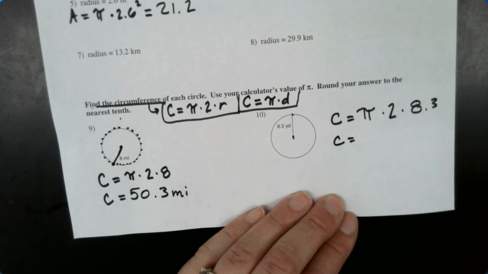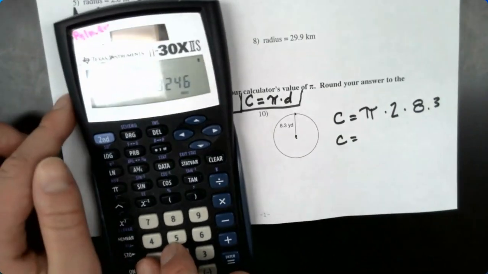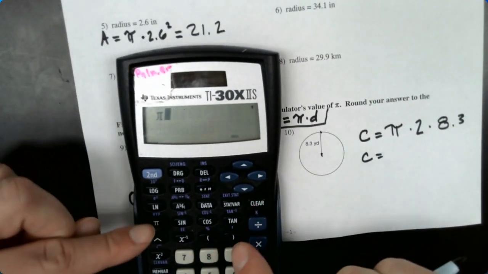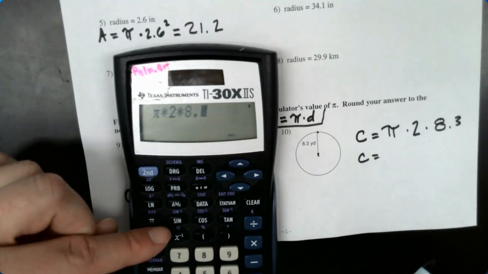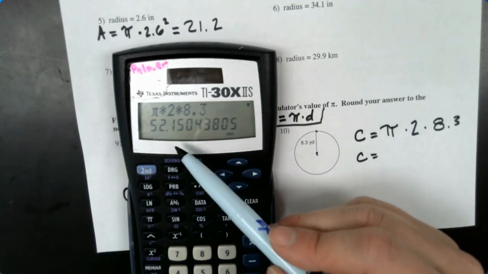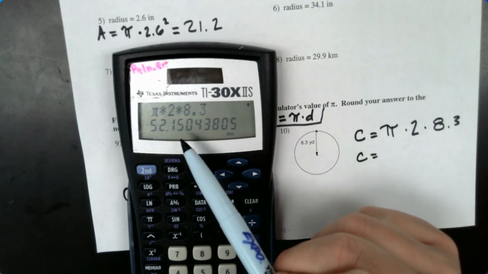So then we can find what that is. Pi times 2 times 8.3. So then we got 52.15, go to the second decimal. This is a 5.